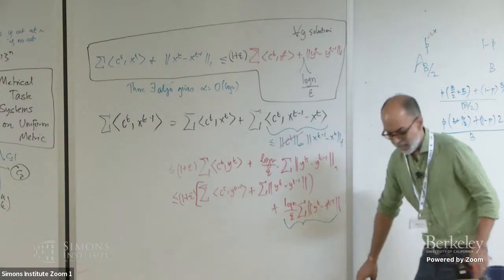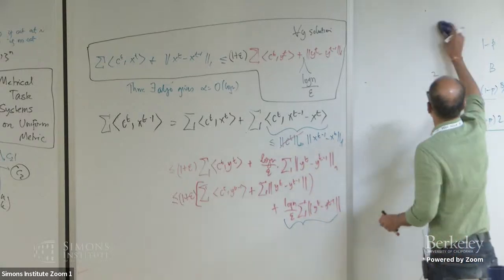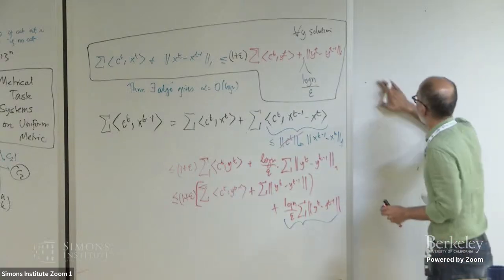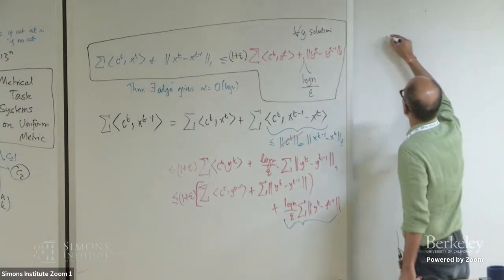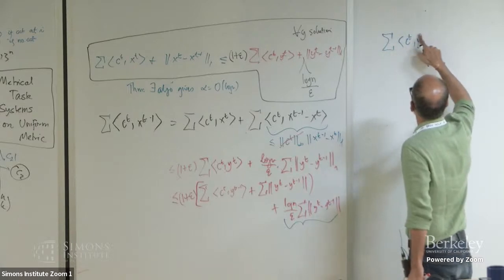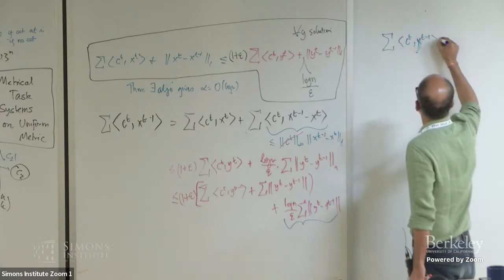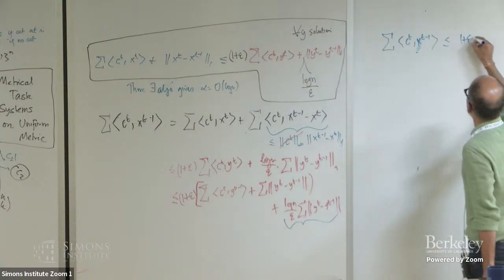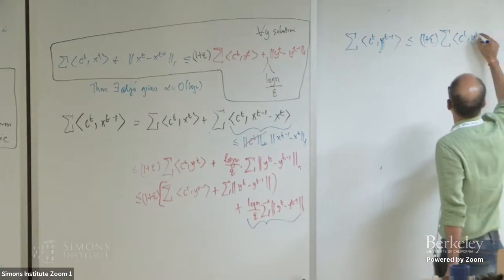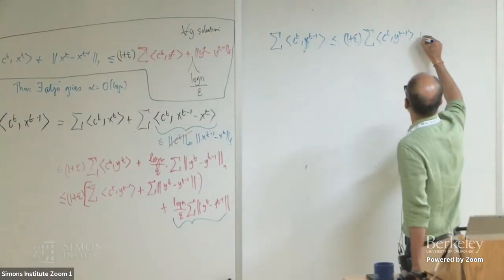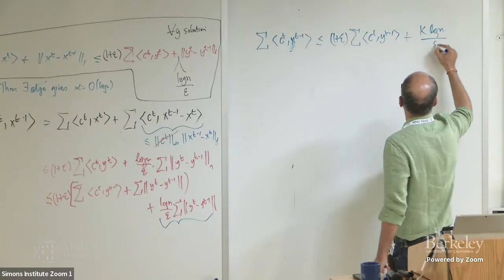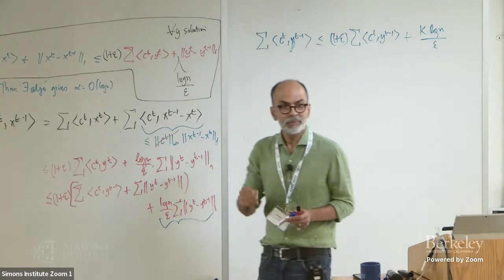This gives a regret analysis. It says my cost is at most 1 plus epsilon times the cost of any other solution plus k log n over epsilon, where we're moving k times.